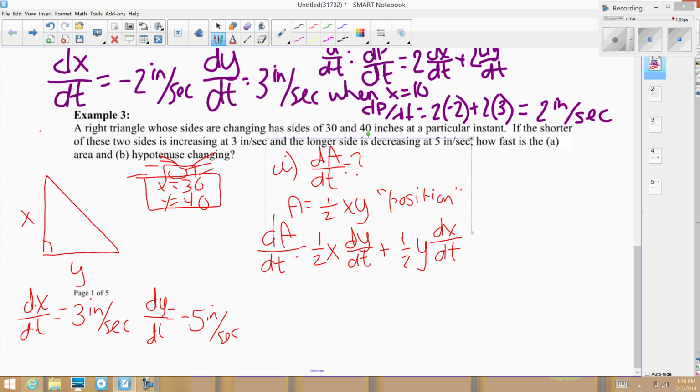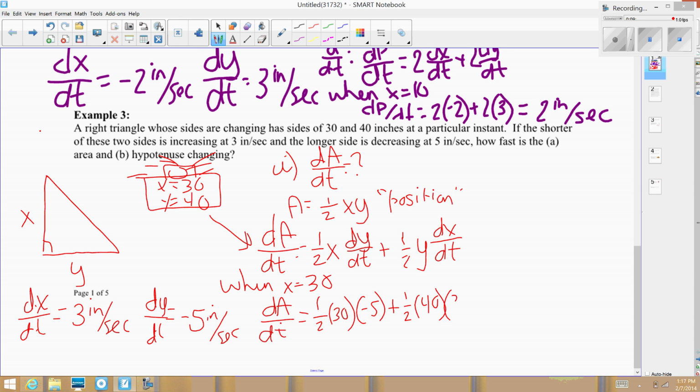At that very instant, that snapshot moment, when x equals 30, dA dt equals 1/2 times 30 times negative 5 plus 1/2 times 40 times 3. So that ends up being negative 75 plus 60, negative 15 square inches per second.